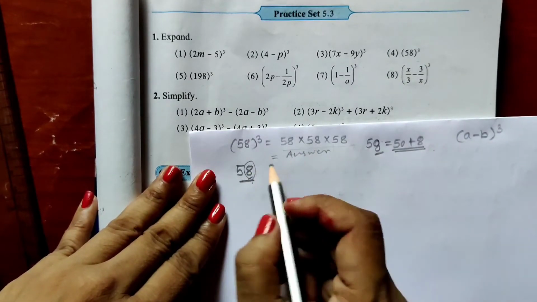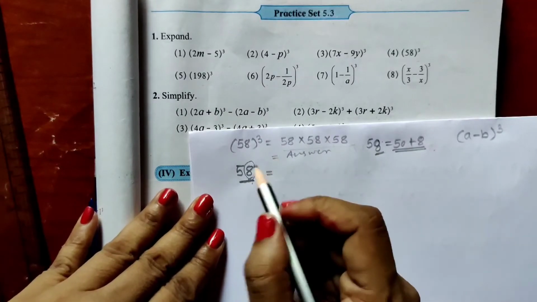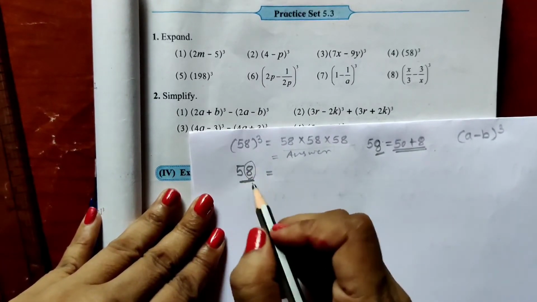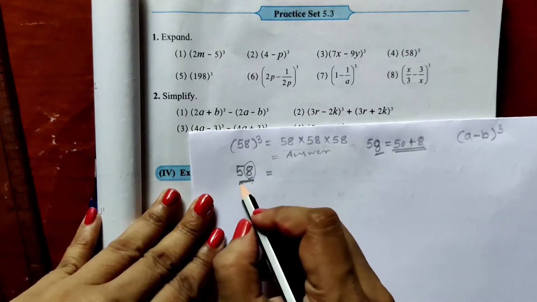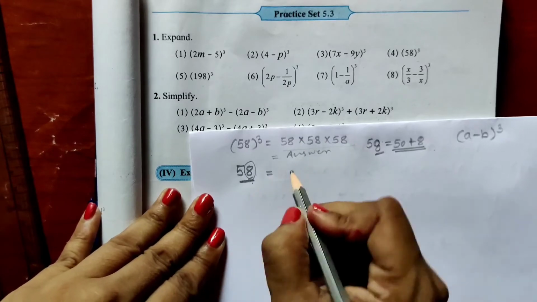So 58 can be converted into subtraction of two numbers, where the first number has 0 in the unit place and is very close to 58. After 58, the number very close to it with 0 in the unit place is 60.